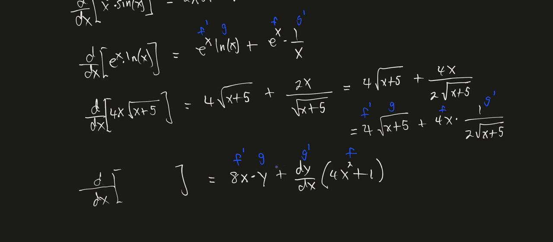Therefore, the product whose derivative is given on the right is this function. I don't know what y is, but I can see the relationship between y and dy dx. That's through the derivative. And then my f would be the quantity 4x squared plus 1, and then times y, right?